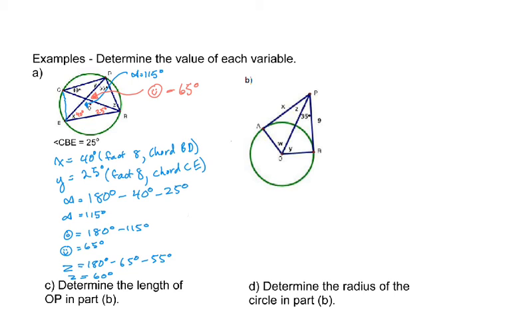For part B of this problem, you'll notice that we have two tangents that meet at the same point. This refers to fact number 4. It said that if we had two tangent lines that touched each other at the same point outside of the circle, the sides would be the same.